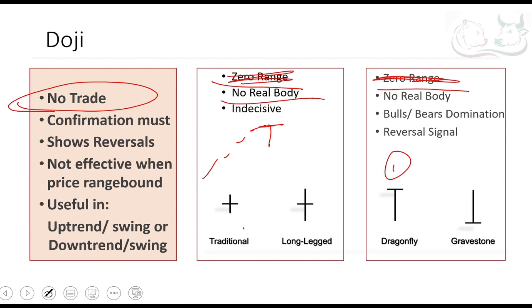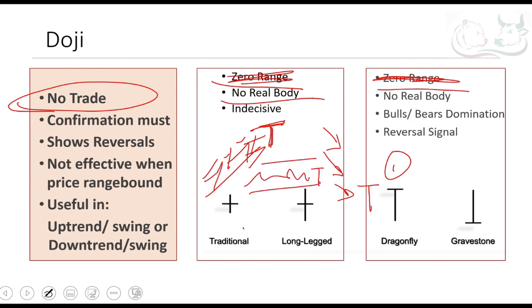This formation after this upswing is not the same as if there was a downswing and then this formation comes up. And the third scenario is where there is sideways movement and this formation is coming up. So I've given you all three situations.